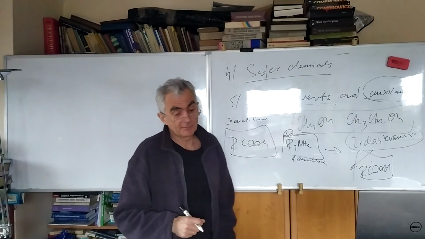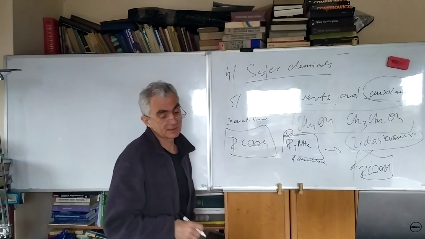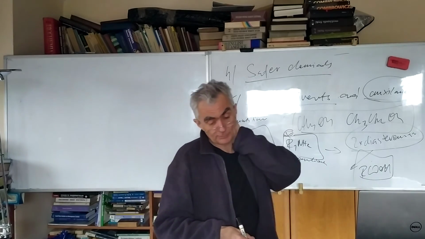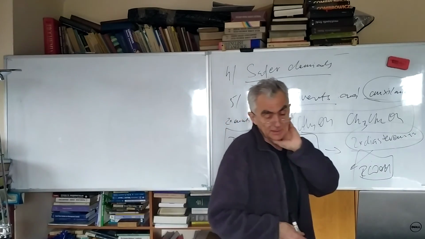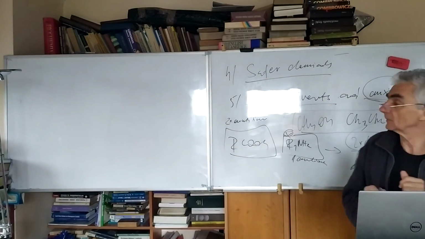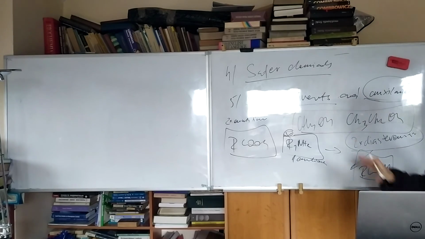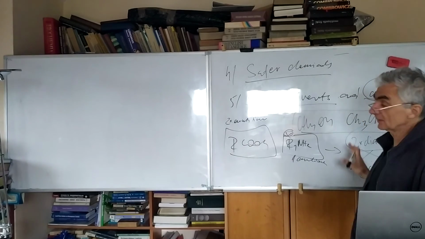So we have number 5, safer solvents and auxiliaries. They should be made unnecessary wherever possible, and we should use safer ones, and if possible get rid of them.